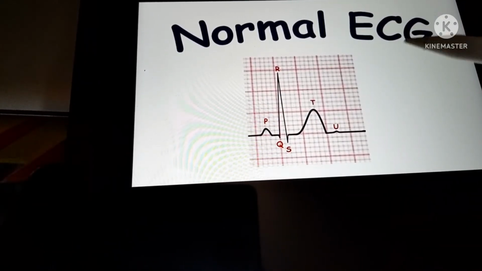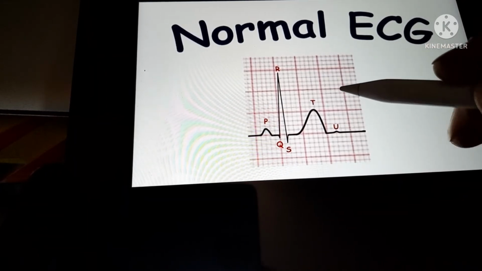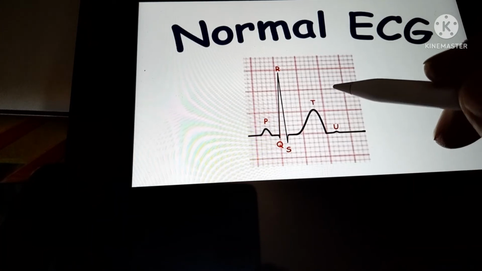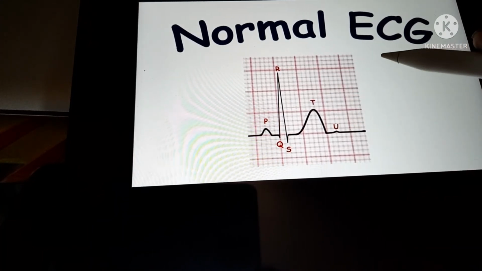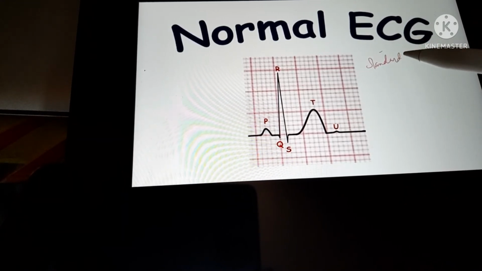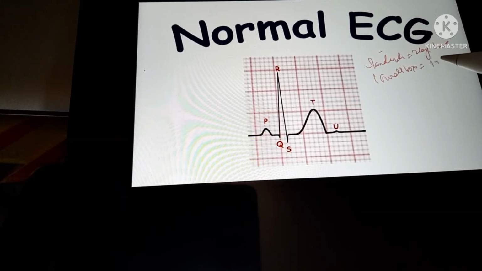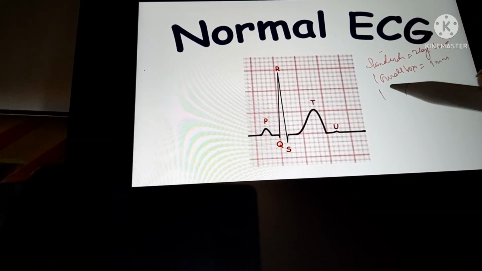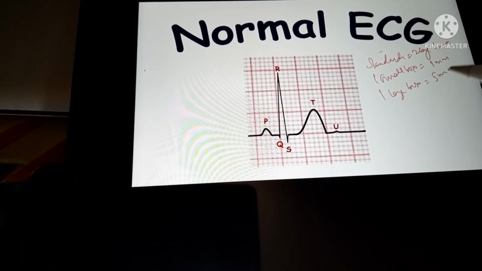Before coming to the conclusion, what we have discussed is the standardization should be two large boxes. One small box is equal to 1 millimeter, one large box is 5 millimeter.